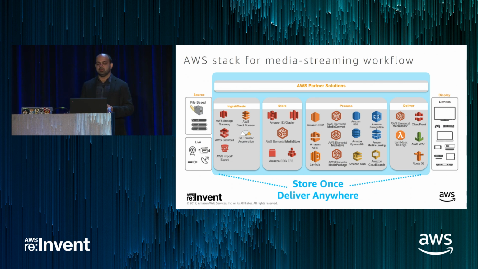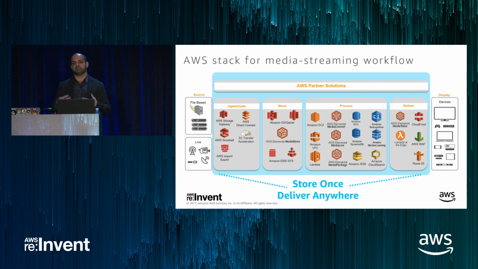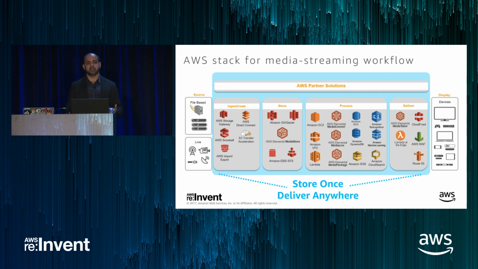On the storage side, you'll see Amazon S3 and Glacier, think of it as a content lake, or the resting place of your content. You have EBS or EFS, which are more file-based, for processing type of workflows. We launched AWS Elemental MediaStore, that we can talk about a bit more, but basically the idea is a highly scalable, fully managed, low latency origin store for live content.